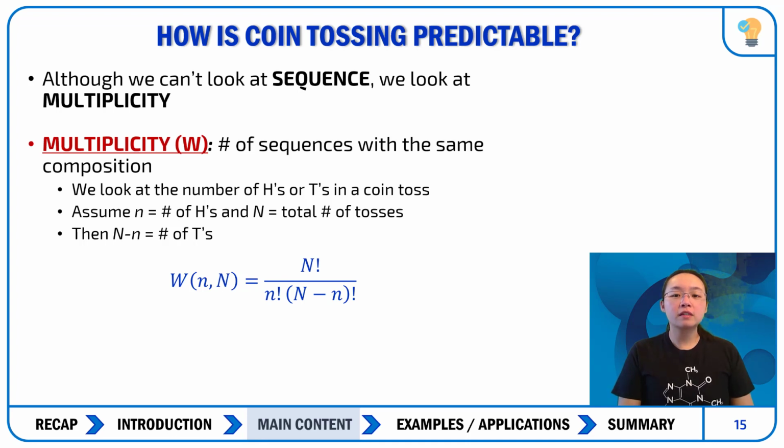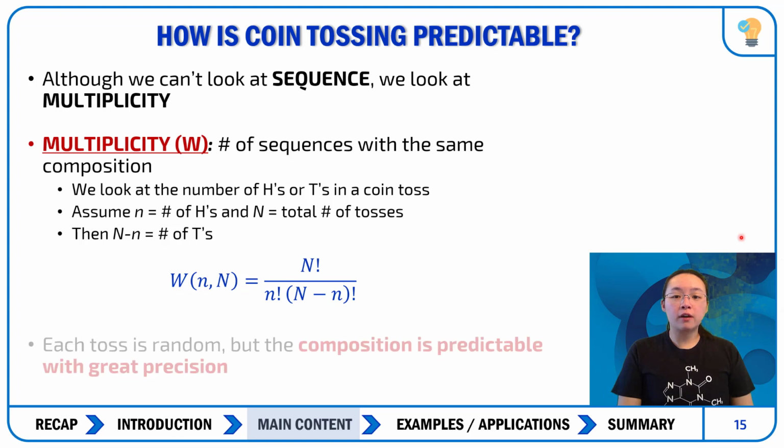Then the difference would be the number of tails. And we're going to define multiplicity as follows. We have W as a function of N and n, and it's equal to capital N, the number of tosses, factorial, divided by little n factorial times (N minus n) factorial, so basically the number of heads factorial times the number of tails factorial.